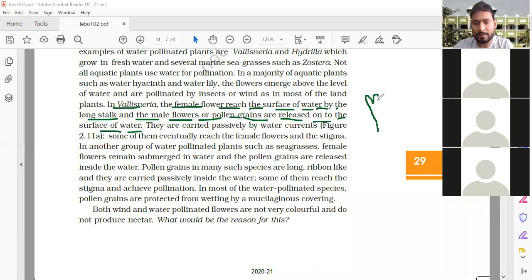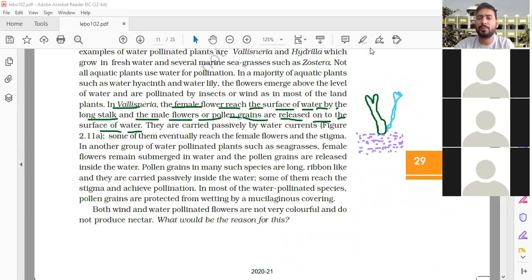This is the female flower, and here is the male flower. Both are present above the surface of water. Suppose this is the water, and this is the water current.